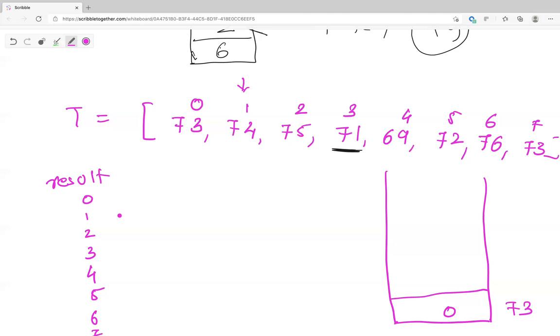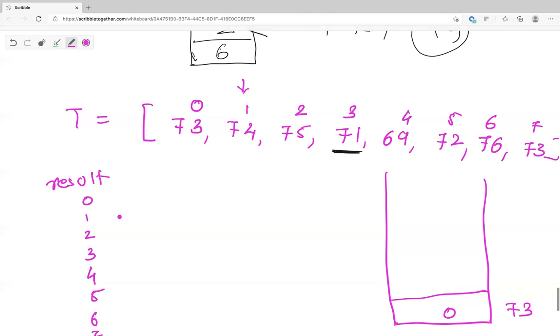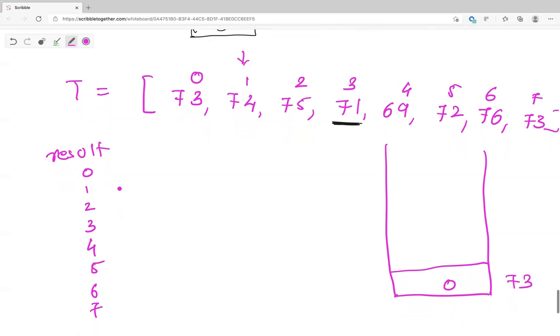So basically, if you have 71, you're going to pop out everything which is less than 71. For this example, assume there is nothing on the left-hand side, nothing from index 2 onwards.